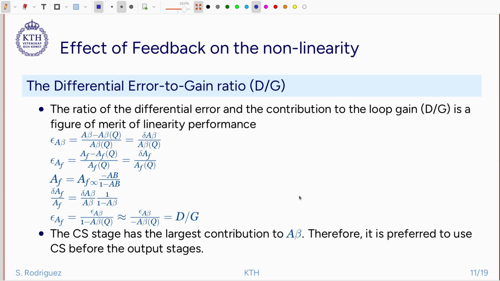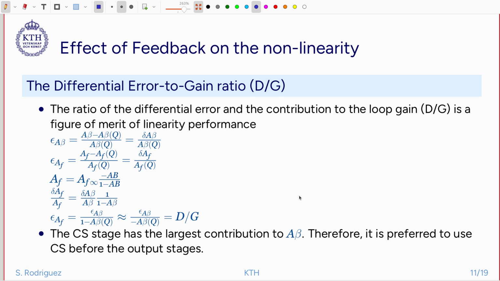Now we're going to talk about a very important topic: what happens when we add feedback to a nonlinear system. For that we have to study the differential error to gain ratio. And what is this? If we have our loop gain AB, we can do a treatment very similar to what we did for the differential gain.